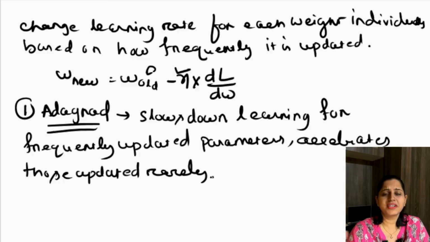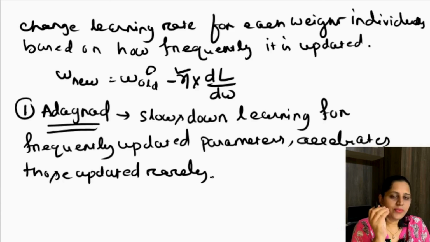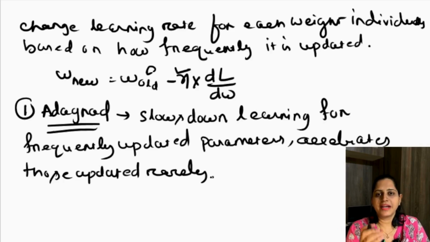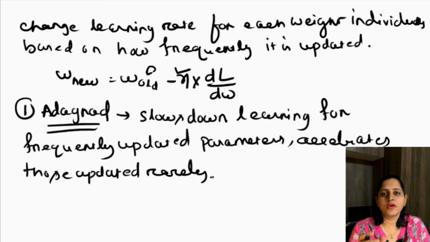Just imagine that you have a lot of neurons, a complex process, and throughout that, your weights are getting updated with the help of the learning rate, because the weights are the biggest character here, which help your model to learn.